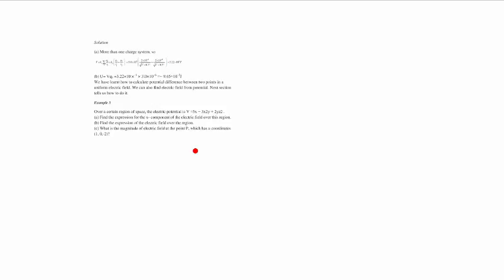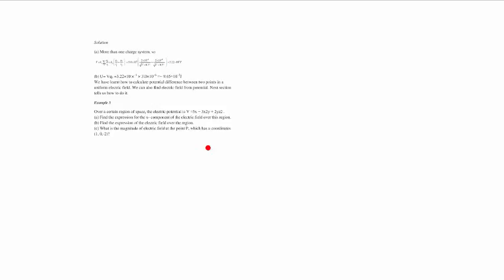So i, j, and k represent the vectors in the x, y, and z directions. So if you have to find Ex, it will be dV upon dx. If you have to find Ey, it will be dV upon dy. Same thing goes with Ez, which will be dV upon dz. Okay, so if the electric field depends only on the radial distance r, then Er will be dV upon dr.